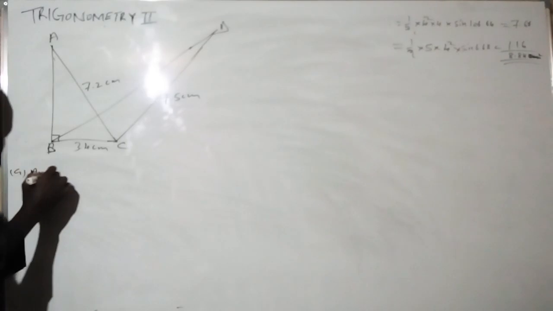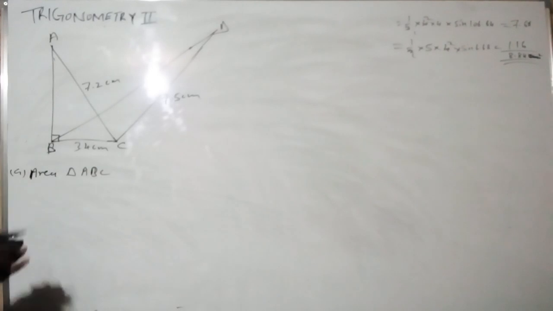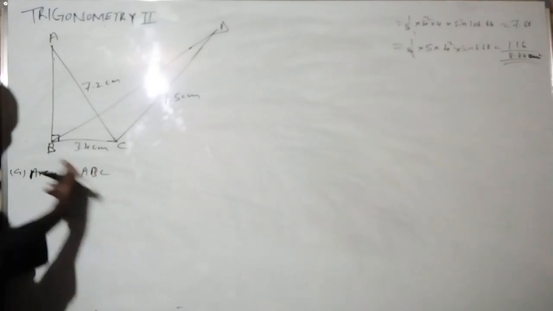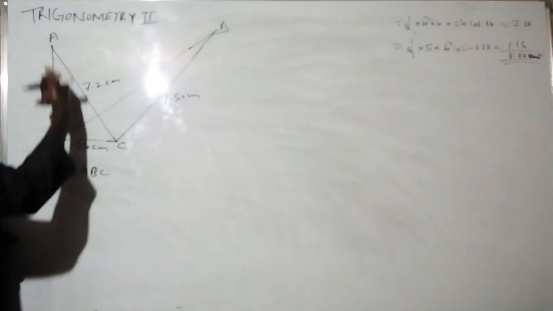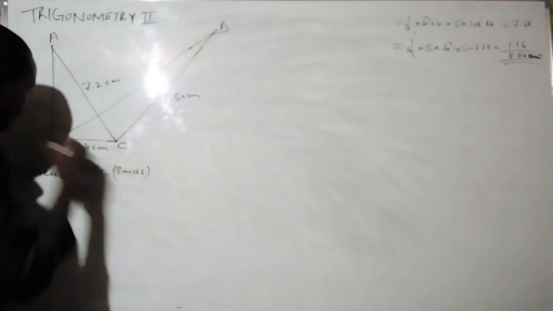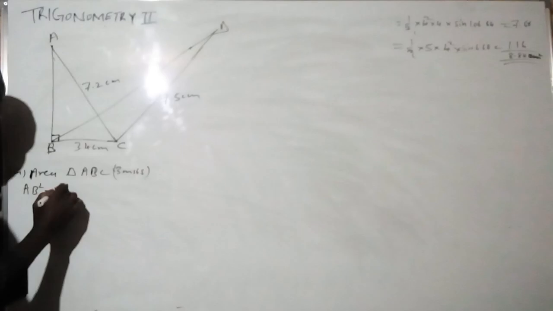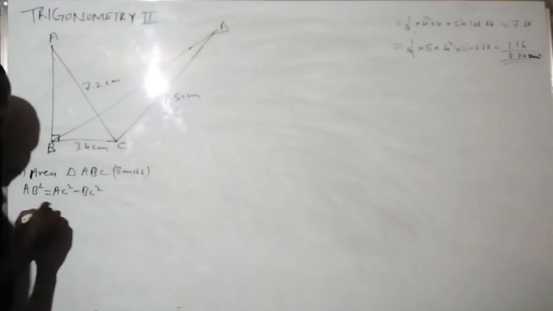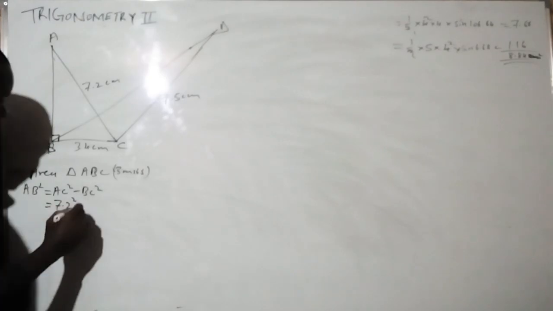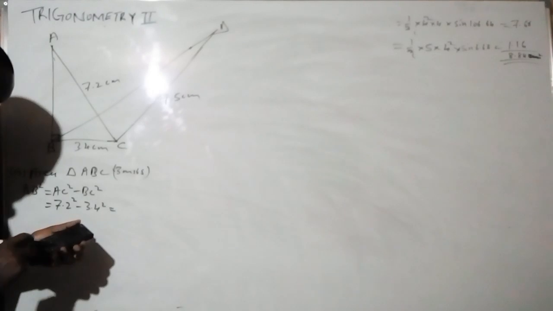What we are supposed to know is that if there is this mark here, it means it's a right angle triangle. We know that AC is 7.2, BC is 3.4. First of all, you can get the height AB, and this is supposed to be 3 marks. AB squared is equal to AC squared minus BC squared, 7.2 squared minus 3.4 squared.